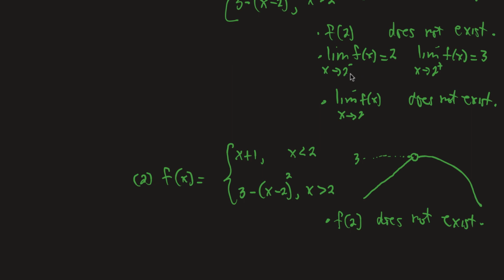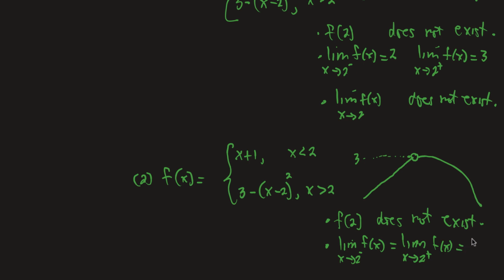So the function value does not exist, but now look at the one-sided limits. From the left, the linear part is approaching 3, and the parabolic part is approaching 3 as well. So now we can say that the limit from the left is exactly the same as the limit from the right.